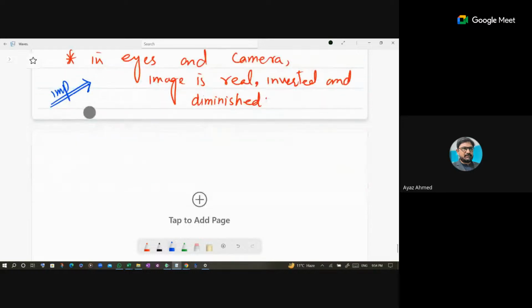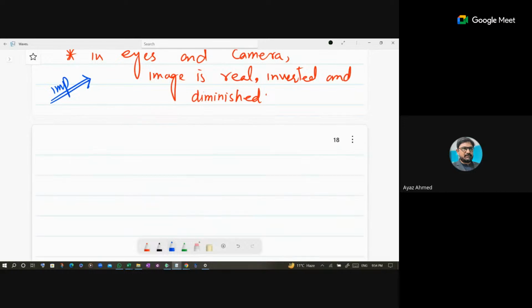But in your magnifying glass, this is again an important point to remember.